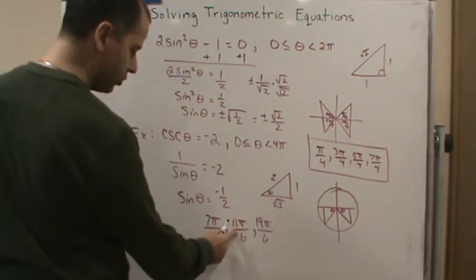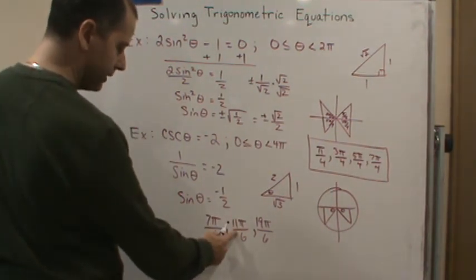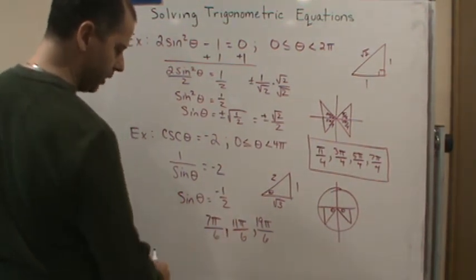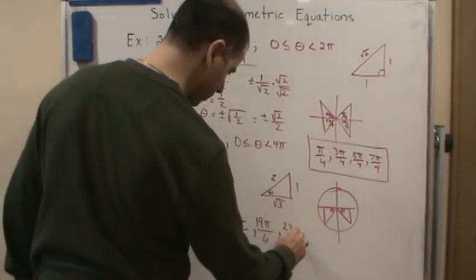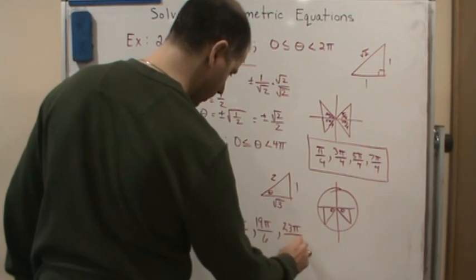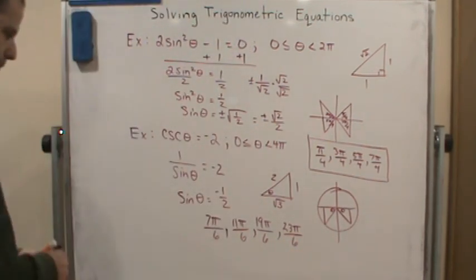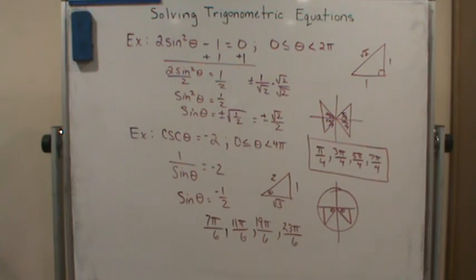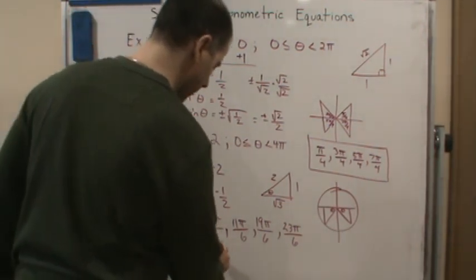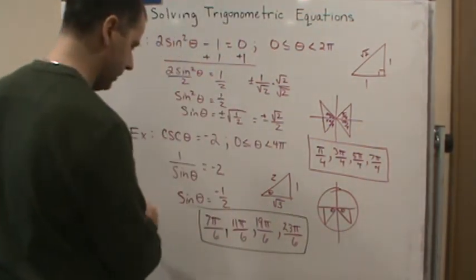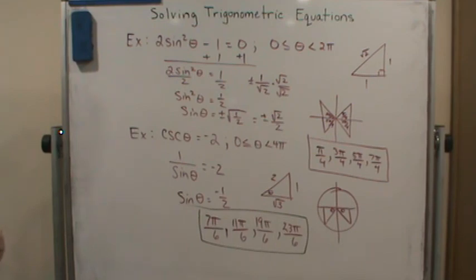And if we add 12 pi over 6 to this one, we get 23 pi over 6. And those are the only solutions from 0 to 4 pi. Okay? And that's it. Have a great day.